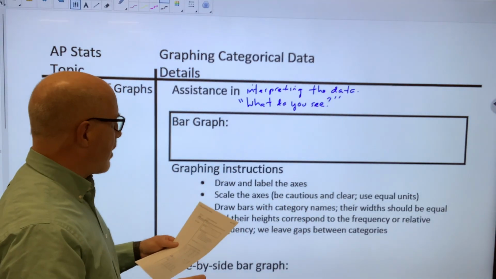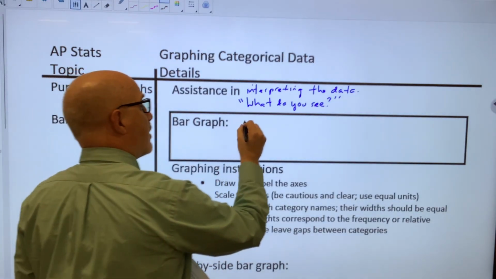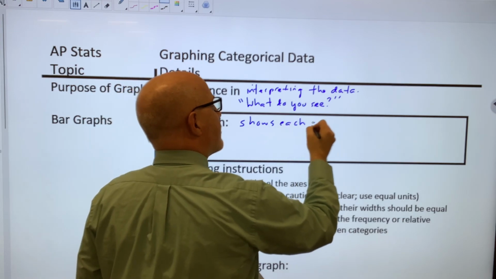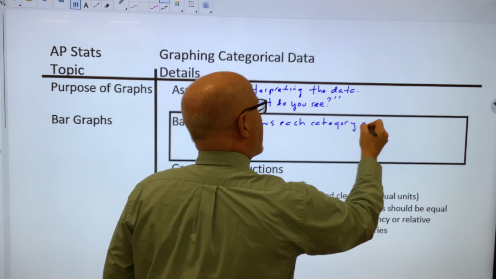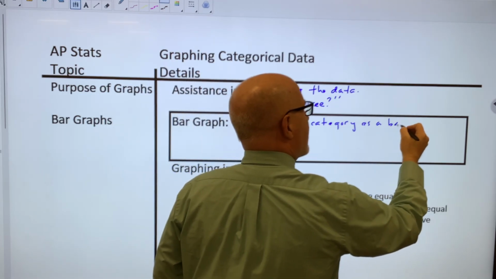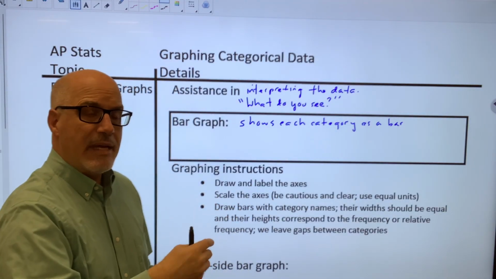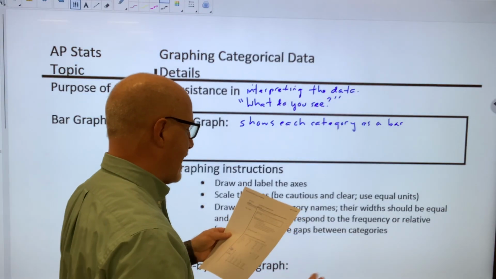Now we'll start with bar graphs. Bar graphs show each category as a bar. Now bars are what we would say is a rectangle, a vertical rectangle, but each of the bars have to have equal width to them, and then the height represents how much data you have in that category.